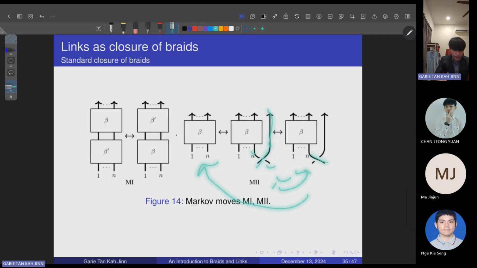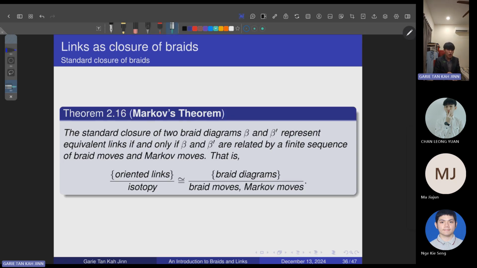Now we can introduce the Markov theorem after these Markov moves. Two braid diagrams, beta and beta prime, represent equivalent links if beta and beta prime are related by a sequence of braid moves, which we defined in the discussion of braids, and Markov moves. So to study equivalence of oriented links, I just need to look at the braids whose standard closures represent them, because a standard closure is always like this.